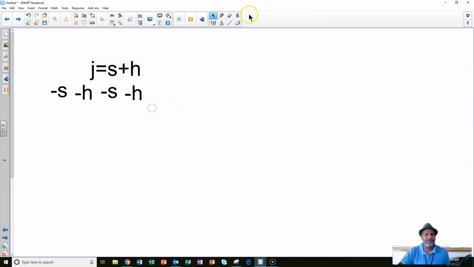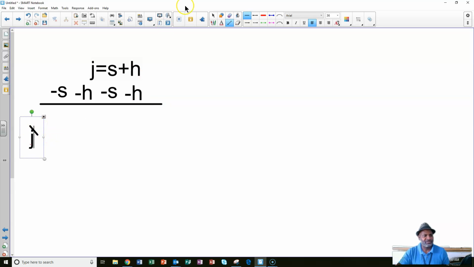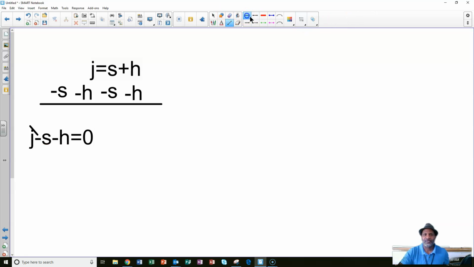Alright, if I subtract that from both sides, that's going to give me j minus s minus h equals 0. Where does 0 come from? 0 came from me clearing this side here. So j minus s minus h is equal to 0.